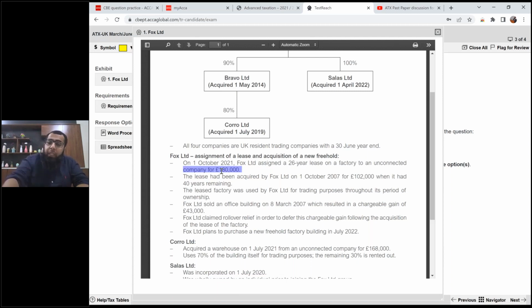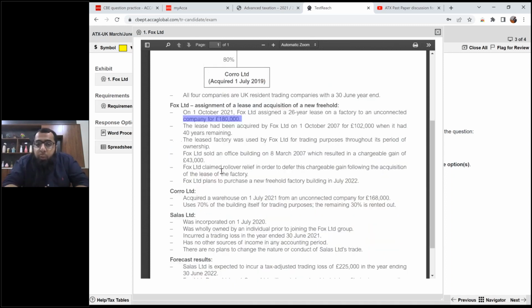When you dispose of a lease, we write disposal proceeds and then we write the adjusted cost. I hope you all remember the rule of disposal of lease. The lease had been acquired by Fox Limited on 1st October 2007 for £102,000 when it had 40 years remaining. The leased factory was used by Fox Limited for trading purposes throughout its period of ownership.